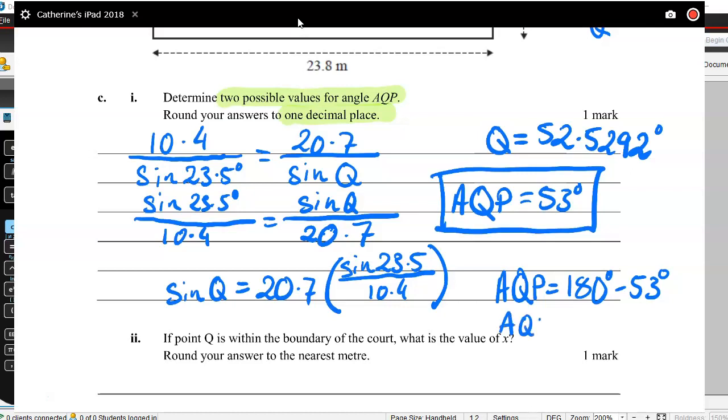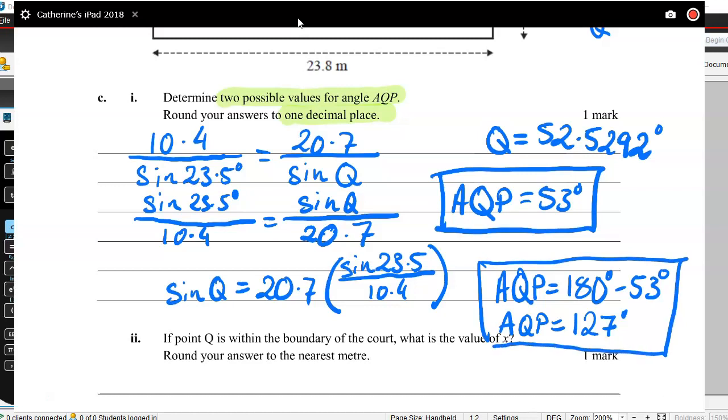So AQP equals 127 degrees. Okay, so they were your two possible answers. Because the triangle was ambiguous, there were two possible answers.